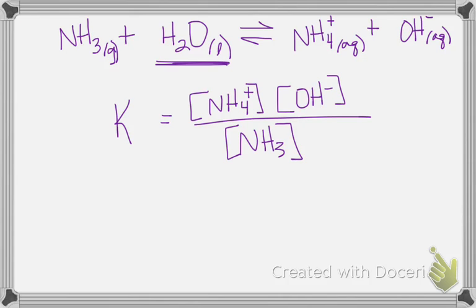Since this is a weak base, what designation do you think we're going to give that equilibrium constant? A Kb. Do y'all see that if we set up an ICE table for every one of these problems, we would end up with Kb equal to x squared divided by the initial concentration of the base minus x?